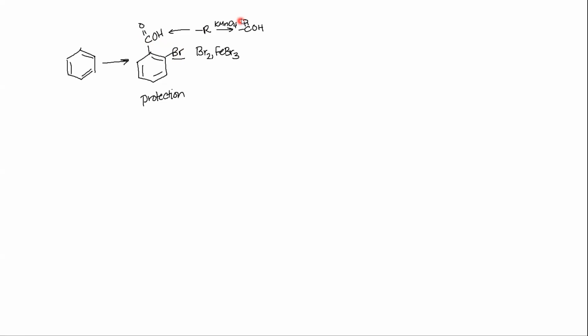So this would probably be the easiest way to do that. And if we want to do it with protection, then we're going to block either the position ortho to the bromine or the para position to the carboxylic acid.